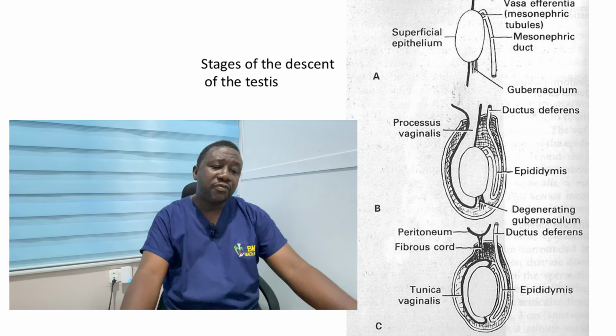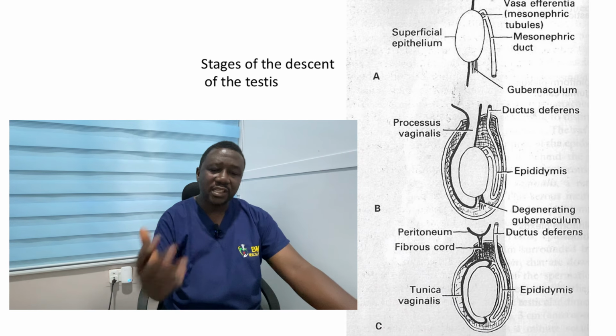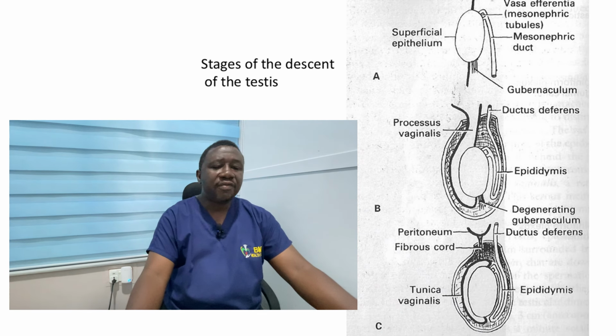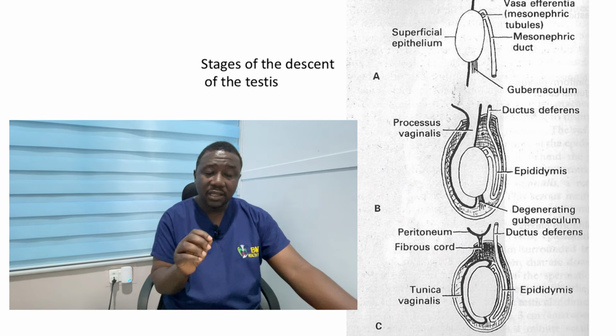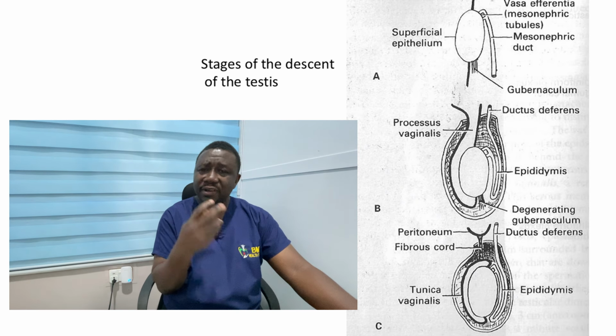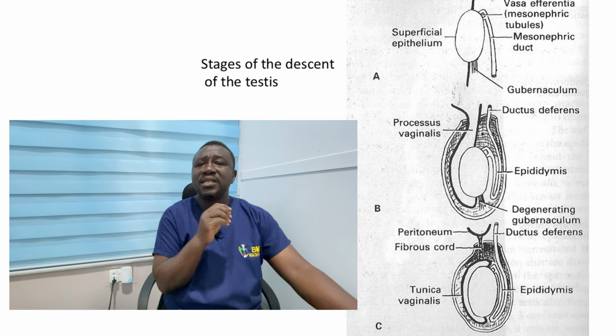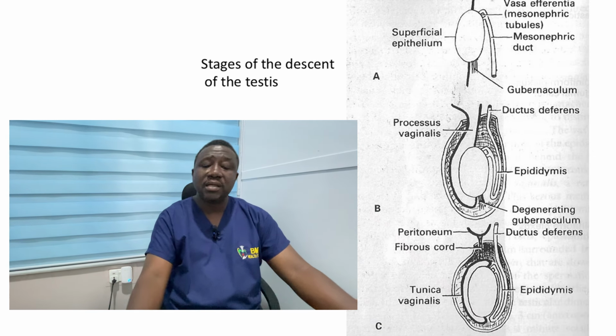Now if you look at A and B, you can see the introduction of new structures. We have the processus vaginalis, which in C will disintegrate to form a fibrous cord. Some adults will still have the vaginalis as a remnant in them, which needs to be dissolved.